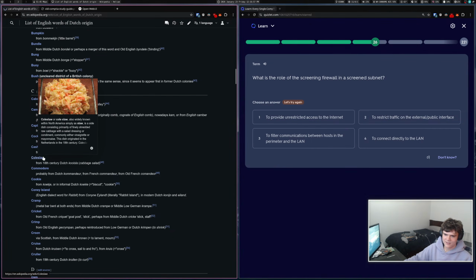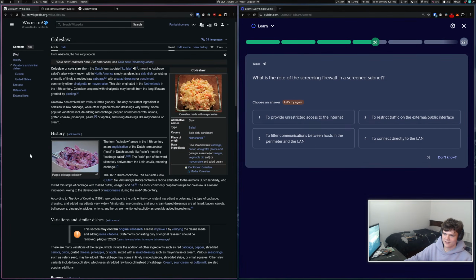Coleslaw. Do they have coleslaw in the Netherlands? Oh, its place of origin is the Netherlands. Okay. Dude. Did they have coleslaw in the Netherlands?